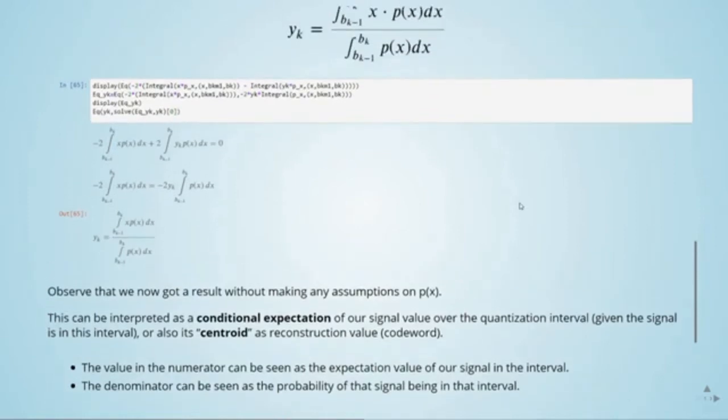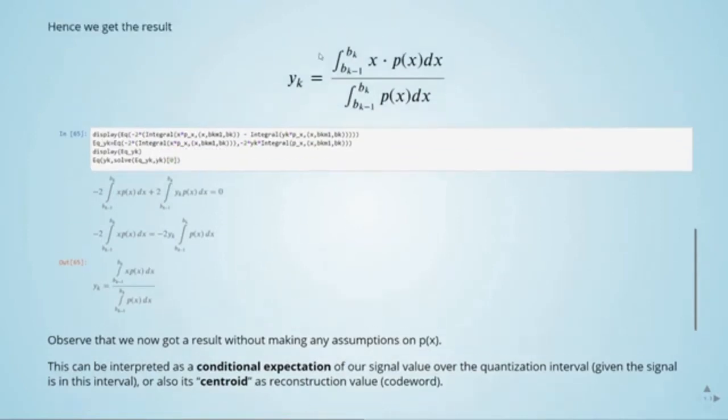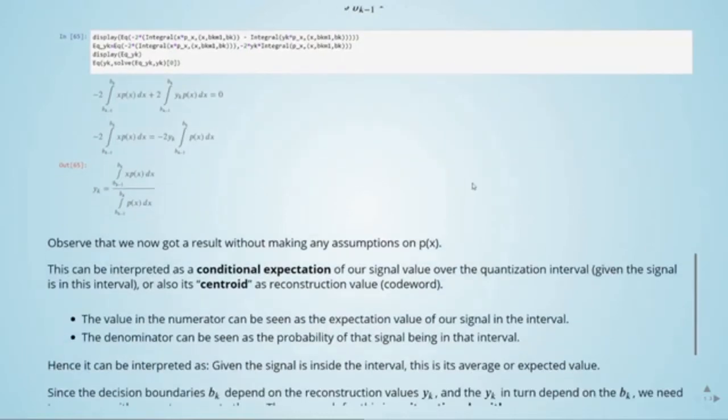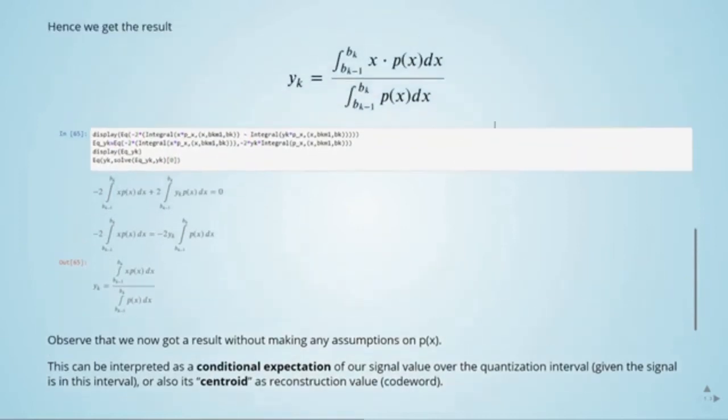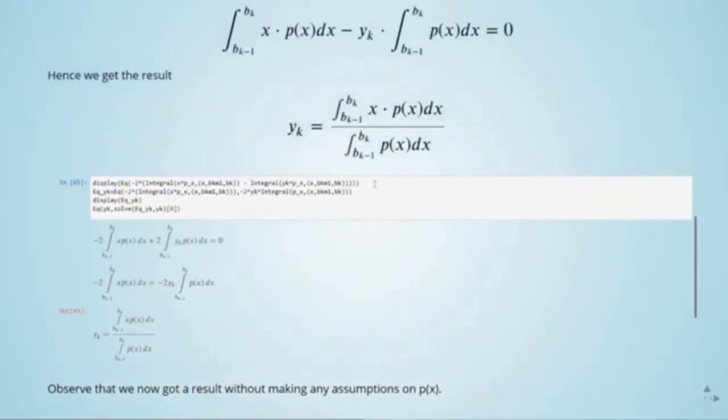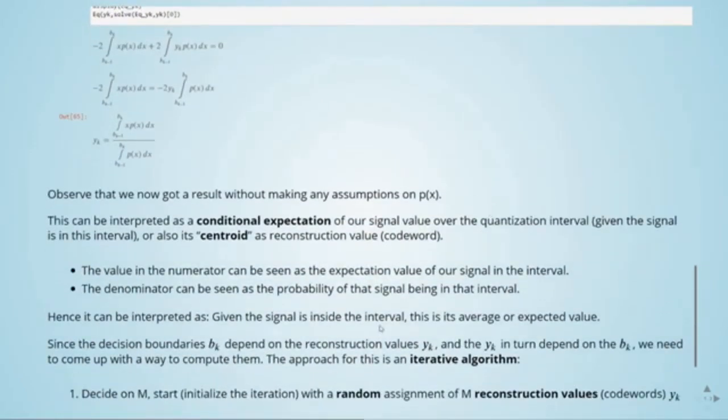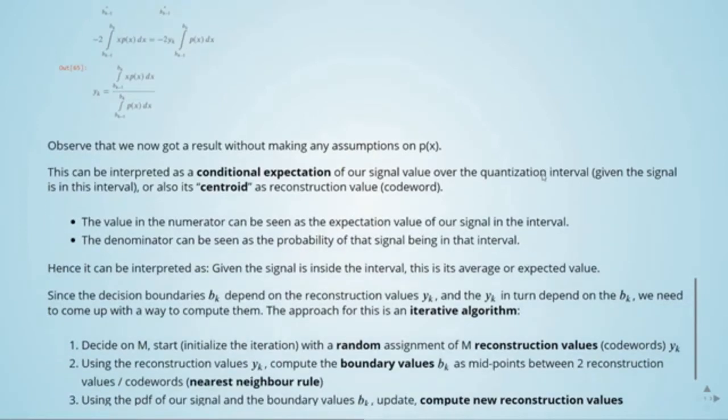The numerator can be seen as the expectation value of our signal in this interval, and the denominator can be seen as the probability of that signal being in that interval. So we have this equation with the numerator and denominator, and we can observe these two things here.